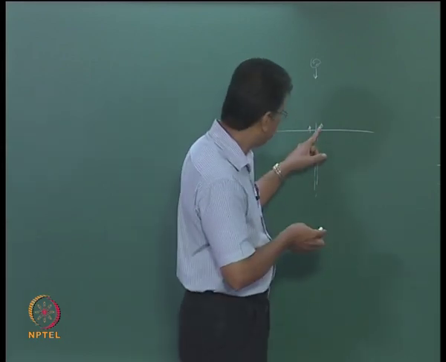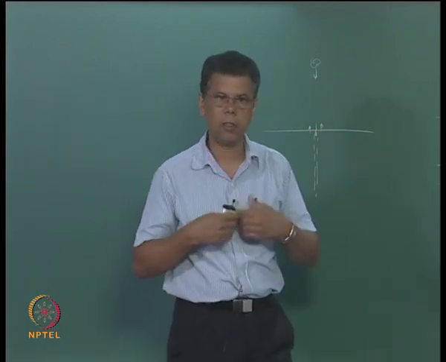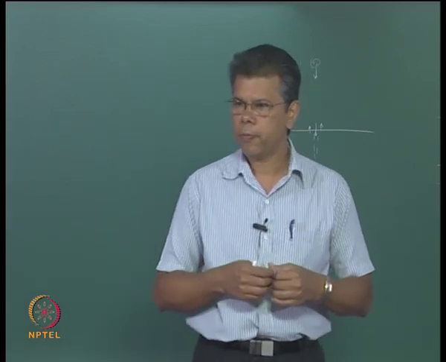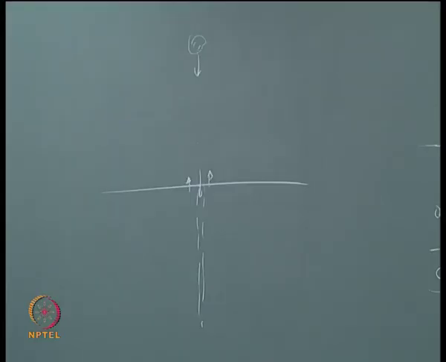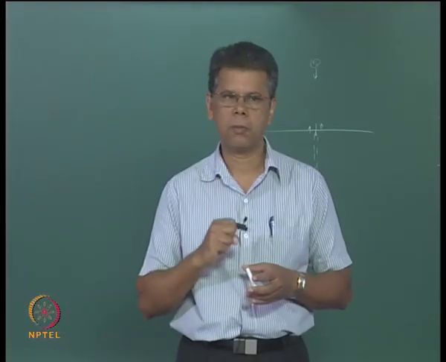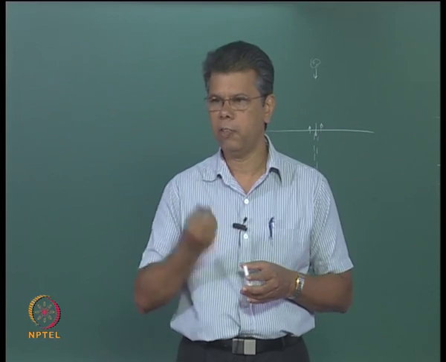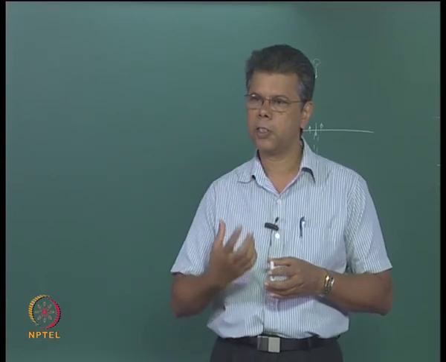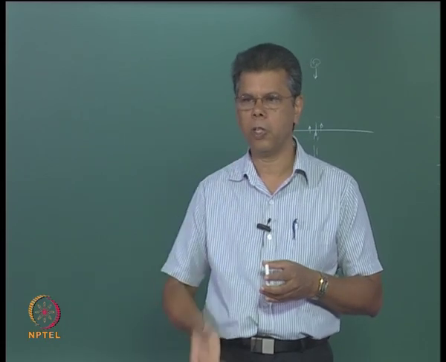So the water column moves up, but it cannot move up indefinitely. Why can the water column not move up? Gravity acts, because water particles possess mass, and gravity acts on that. Because of the action of gravity, the water column adjacent, which has moved up, is pulled down.